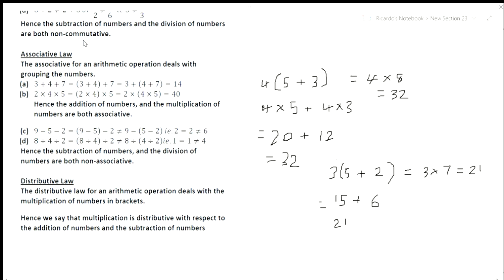You can distribute the multiplication to all the numbers inside the bracket. It can be 3 or 4 numbers in the bracket to be added. You can distribute the multiplication to each member inside the bracket, and that would have given you the same answer.